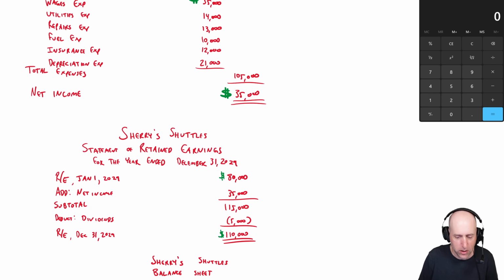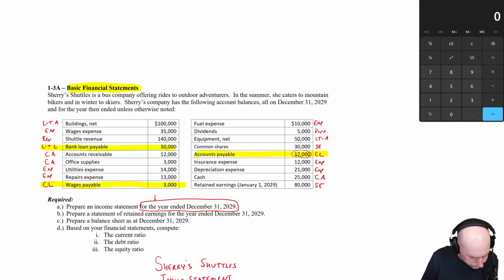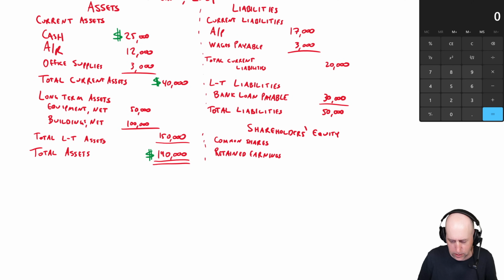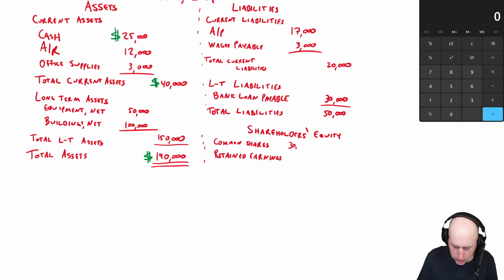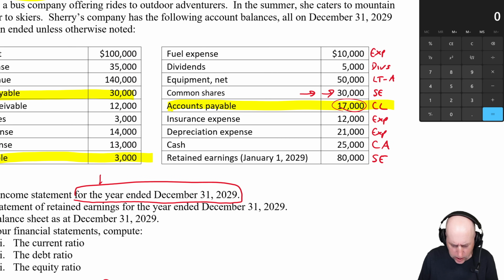And so our common shares were, going back up here, there they are, $30,000 common shares. And retained earnings. What are my retained earnings? Well, if I go up here, I'm going to get the wrong number.